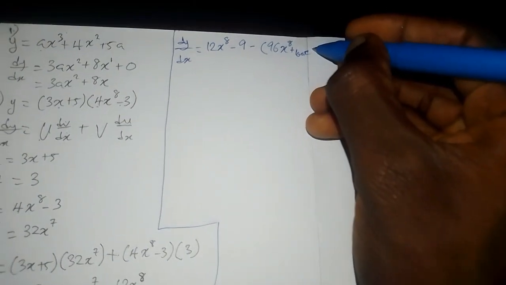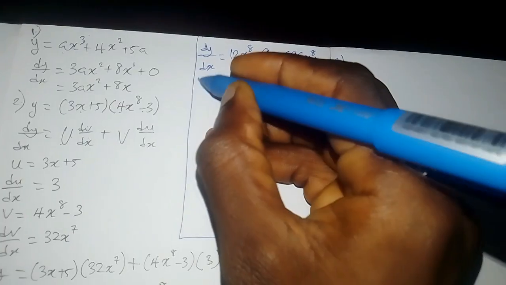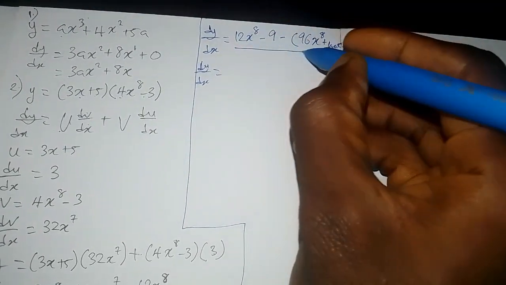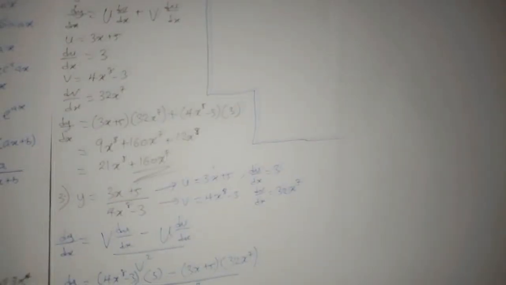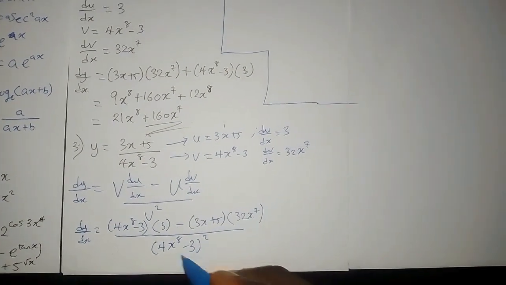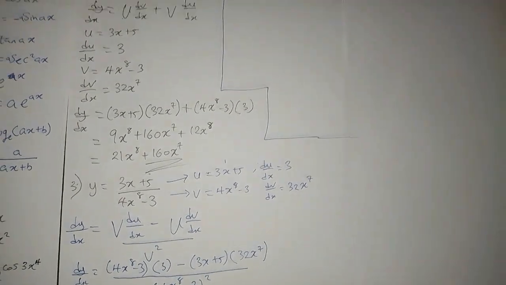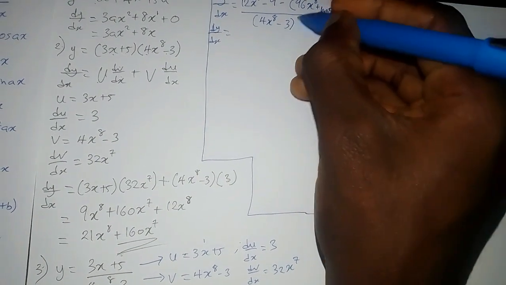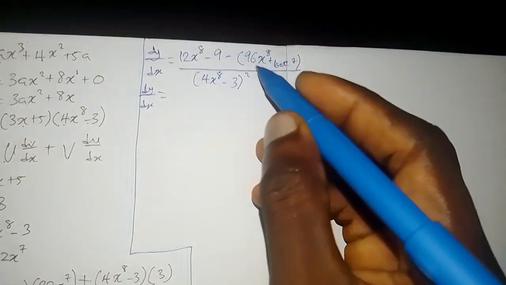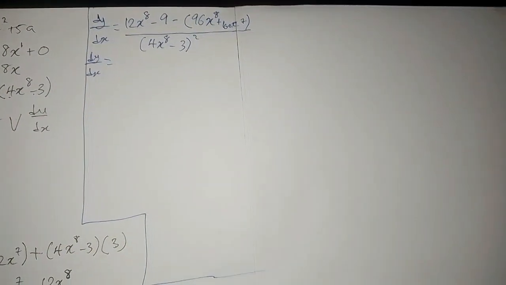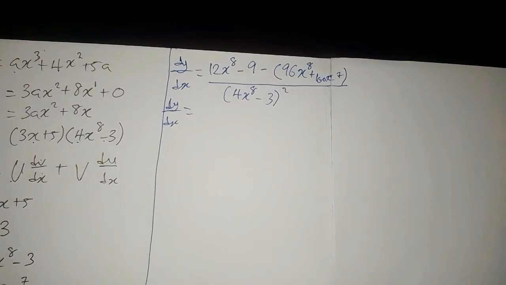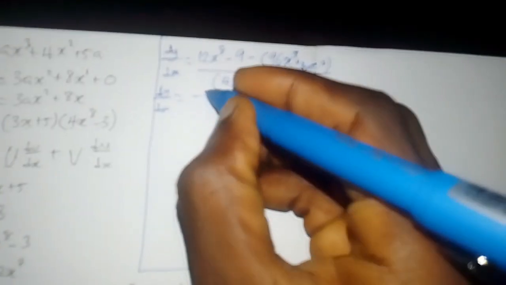So finishing, dy/dx equals that divided by (4x^8 minus 3) all raised to power 2. Just leave the square, because if I open it, it's going to be very high. For the numerator, 12 minus 96 gives minus 84x^8.